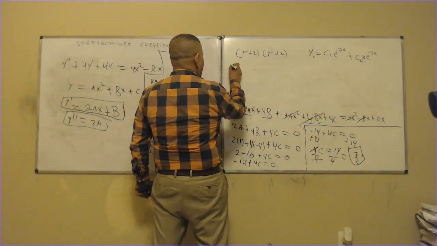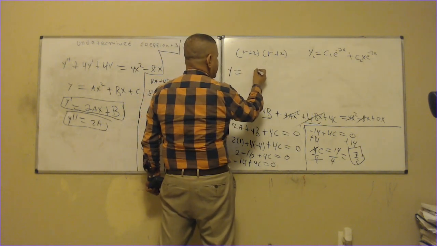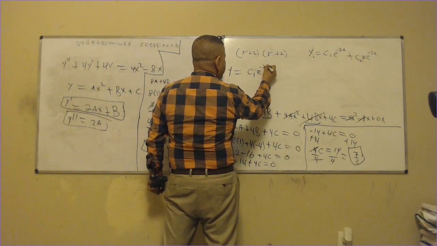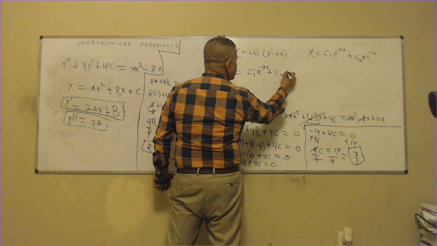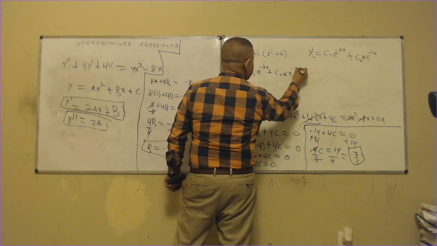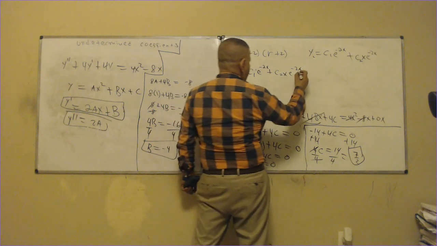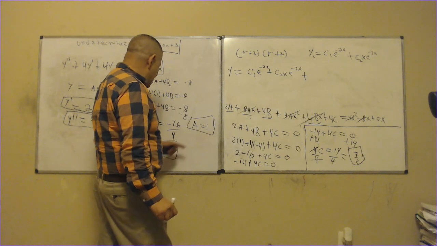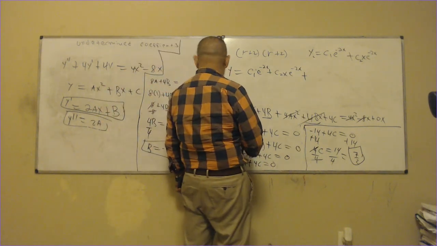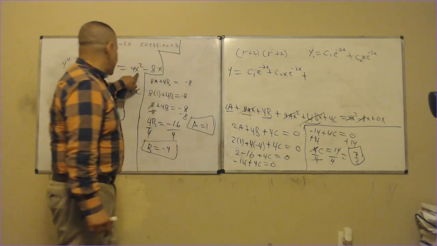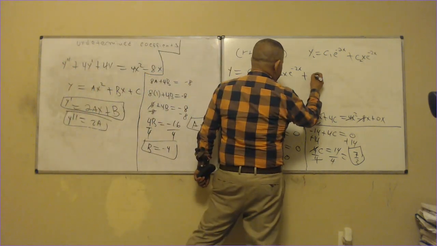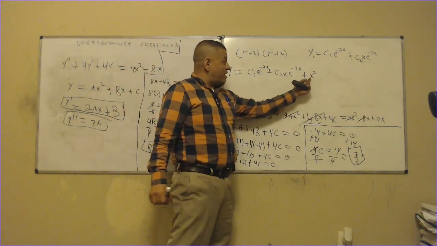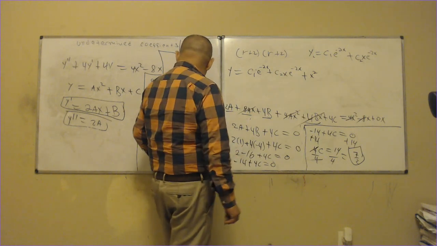So y general is going to be c1 e to the 2x plus c2 x e to the 2x, right? Plus a, but what was a initially? It was x squared, right? So that's going to be equal to x squared.